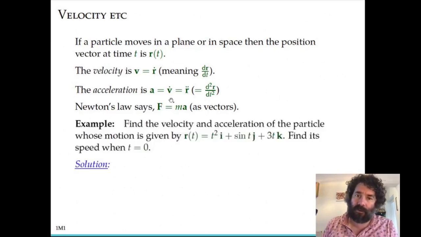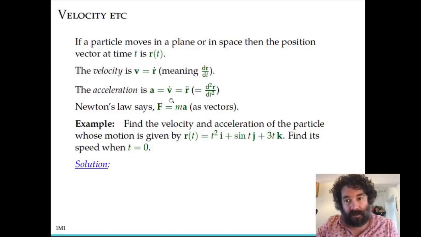Okay, so let's look at a fairly straightforward example of this. Suppose we have a particle moving with a given position vector, and we want to calculate the acceleration and velocity of the particle, and also its speed. I haven't said it on this slide, but remember the speed is the magnitude of the velocity.